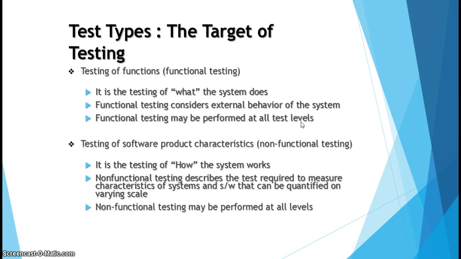Okay, now let's look at the target of testing. So you do functional testing, and the target of that is to test what the system does, and we also have to consider the external behavior of the system, and you will test it at all possible levels. So you will send various types of inputs to this software system and see the outputs.